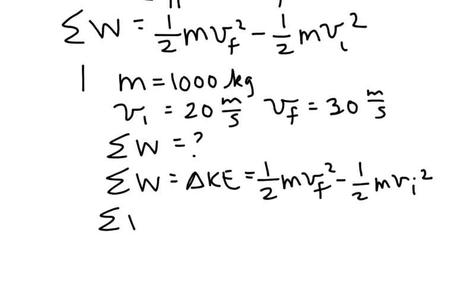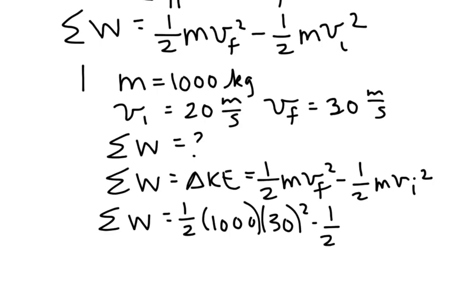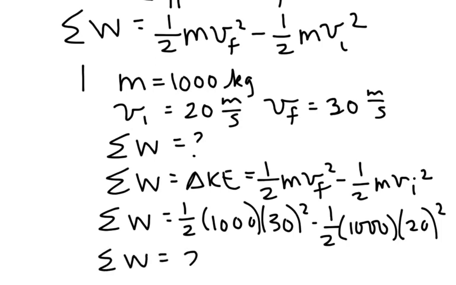So in finding net work, we're going to plug in the numbers. That's 1/2 times 1,000 multiplied by 30 squared minus 1/2 multiplied by 1,000 times 20 squared. And my net work ends up being 2.5 times 10 to the 5 joules.